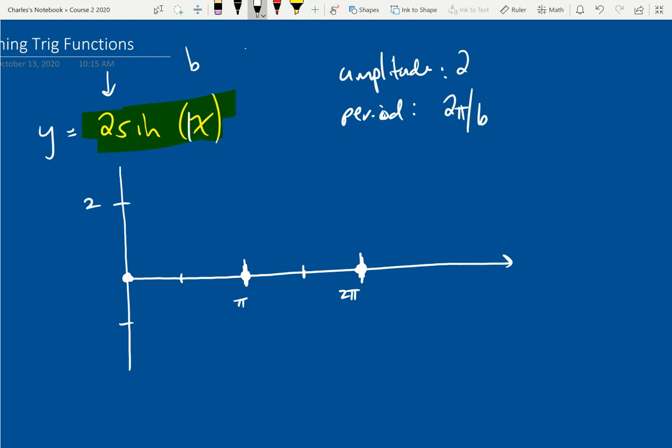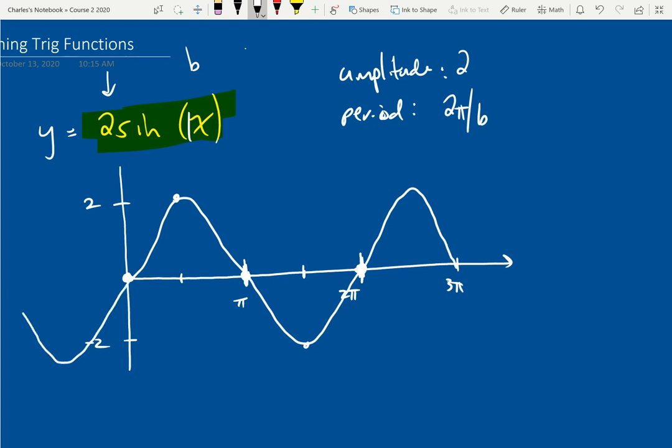It's going to go up as high as 2 and down as low as negative 2. So if I graph this, it's going to look like this. If I were to keep going, maybe this is 3 pi, it would keep going in the same shape, in the same pattern.